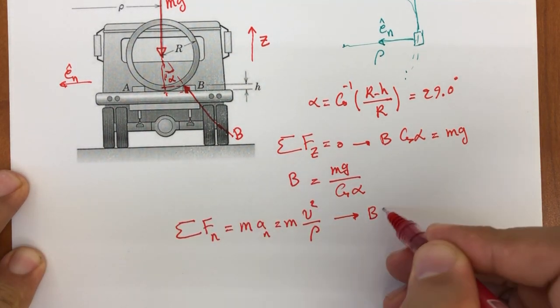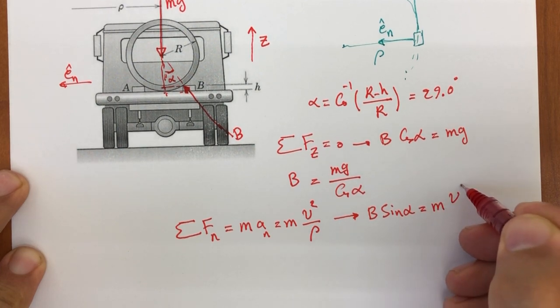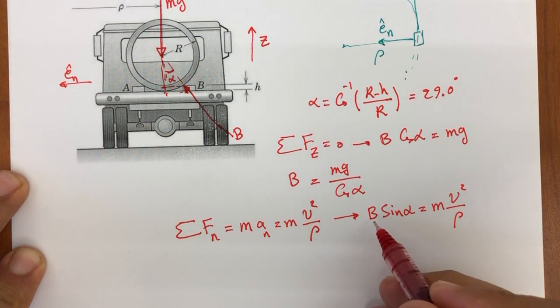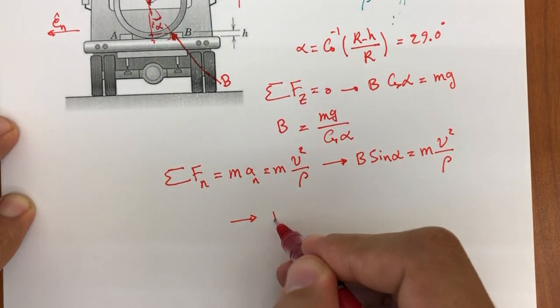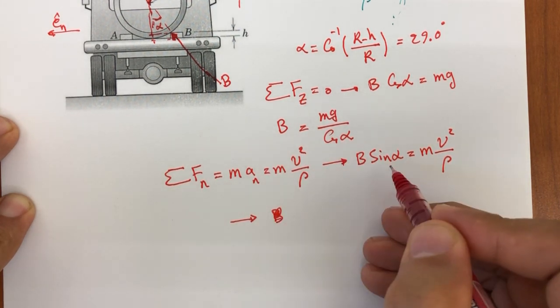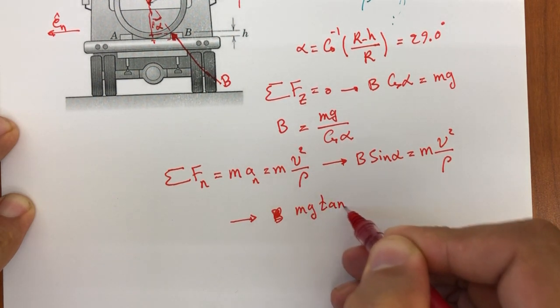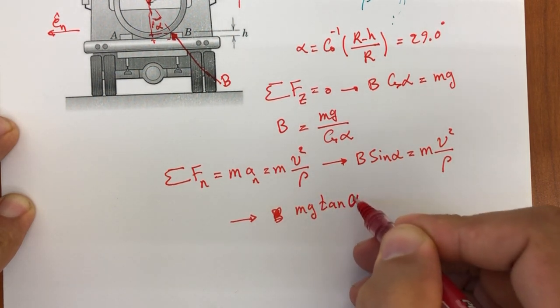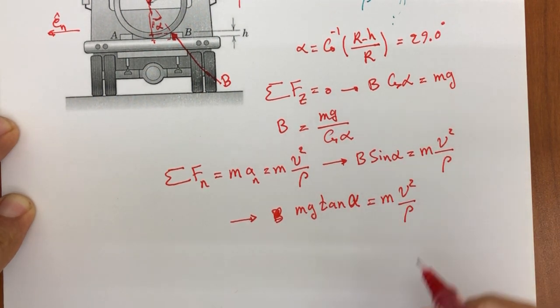So B times sine of alpha is going to be equal to m times v squared divided by rho. And we know B is equal to mg divided by cosine of alpha. So if you replace it there, we are going to have mg divided by cosine of alpha times sine of alpha, which is mg times tangent of alpha, equal to m v squared divided by rho. M is going to cancel out.